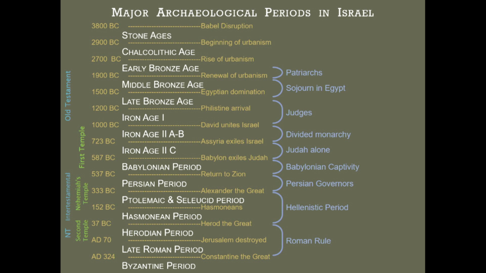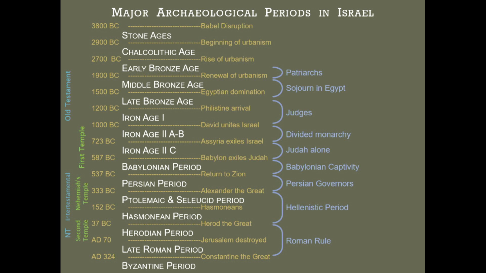So probably assigning the patriarchs to the end of the early Bronze Age, maybe the beginning of the Middle Bronze. The sojourn in Egypt, covering the Middle and Late. The Judges period, when you think of the Judges, Late Bronze and Iron Age 1. And then we begin with David right around the transition from Iron Age 1 to Iron Age 2. Then the divided monarchy, Judah alone.